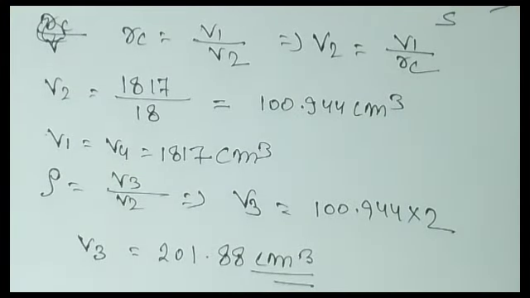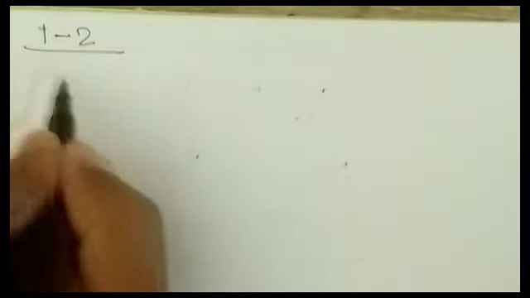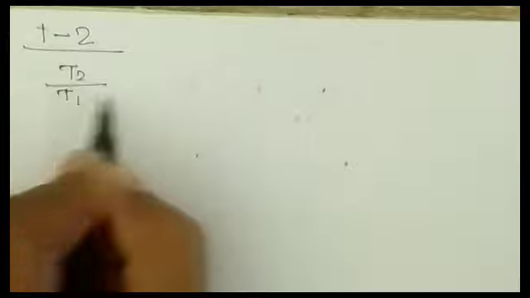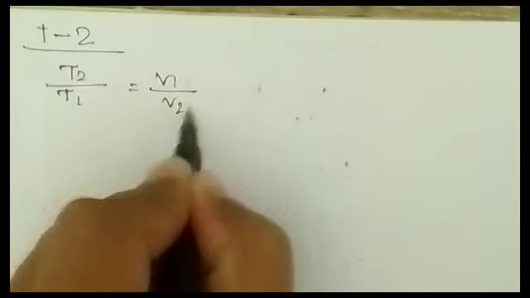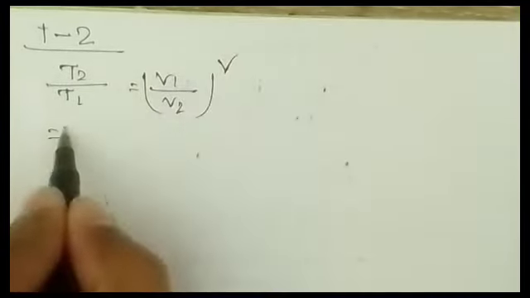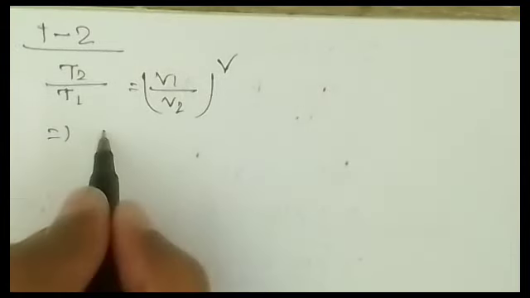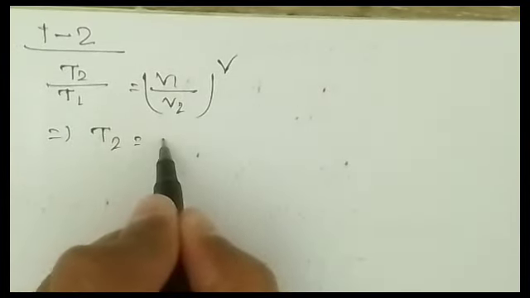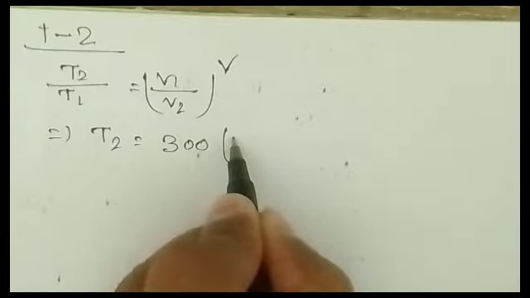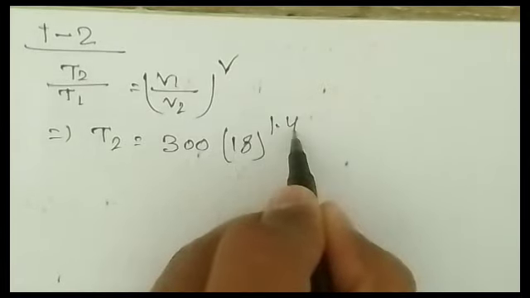Now we need to find T2, P2, T3, P3, T4, P4. First we'll find T2. For the 1 to 2 process, T2 by T1 is equal to V1 by V2 whole power gamma minus 1. V1 by V2 is nothing but the compression ratio. So T2 is equal to T1, which is 300, times rc, that is 18, to the power gamma minus 1, where gamma we take as 1.4.